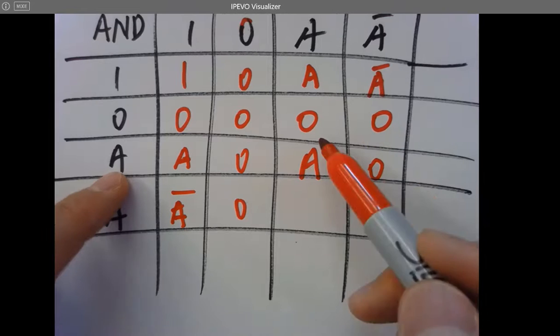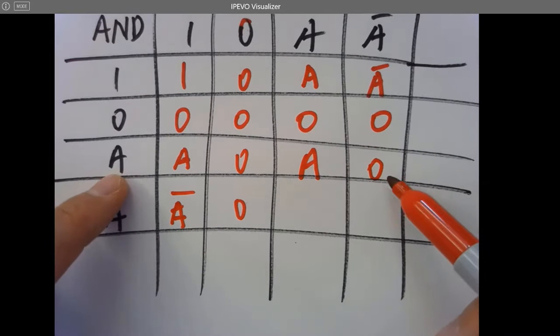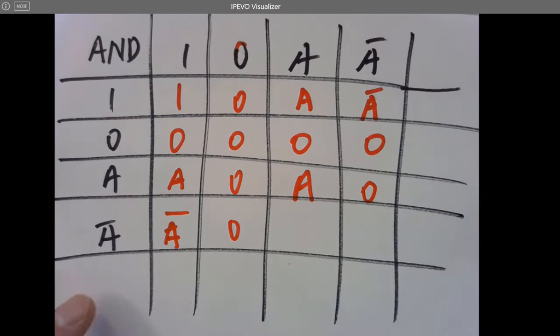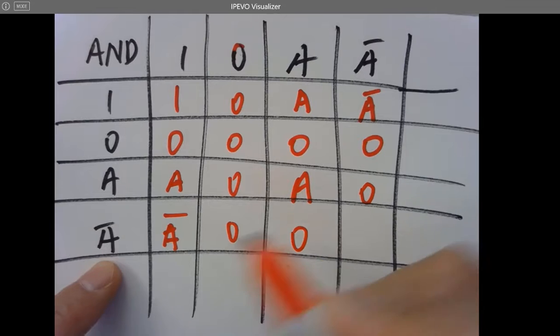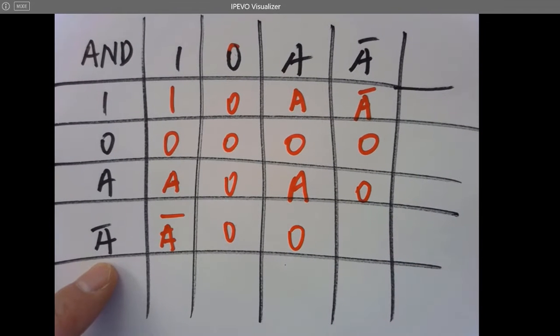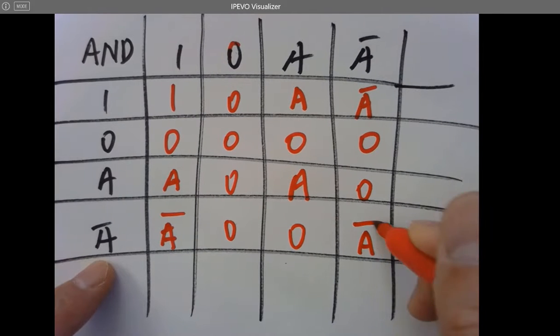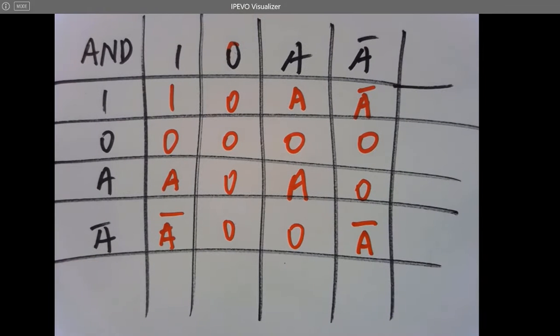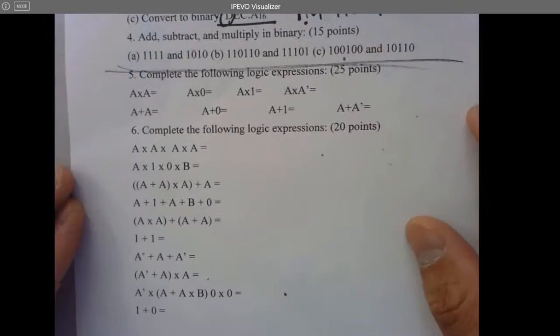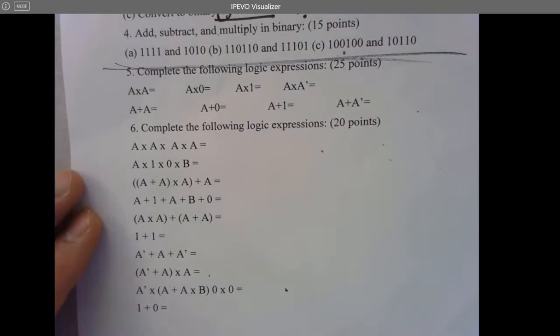A bar and A bar is A bar. Sorry, A bar and A is 0, because there will always be a 0 in there. A bar and A bar is just A bar, or A NOT. Right? If you note that, these two tables will be trivial.